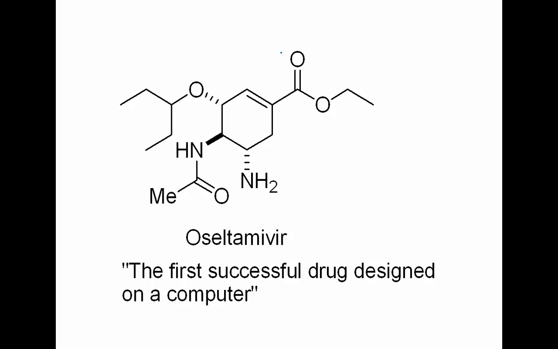What happened was someone looked at a protein and said it has places in the protein that would hydrogen bond right at this location, and at this location. And somebody came up with this as the perfect compound to make and to inactivate the flu virus.